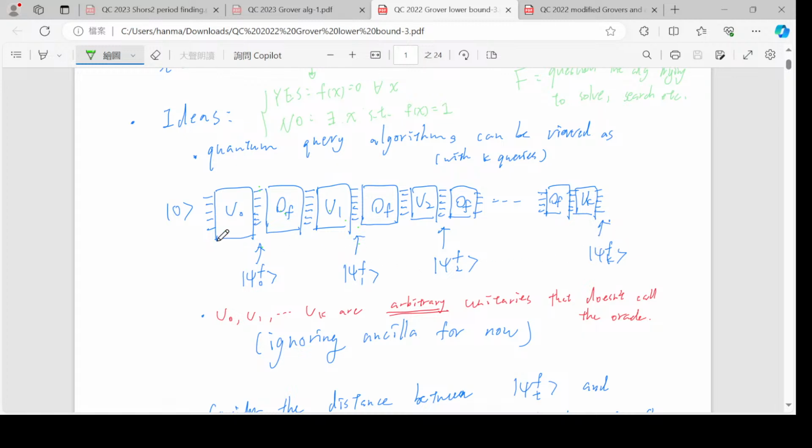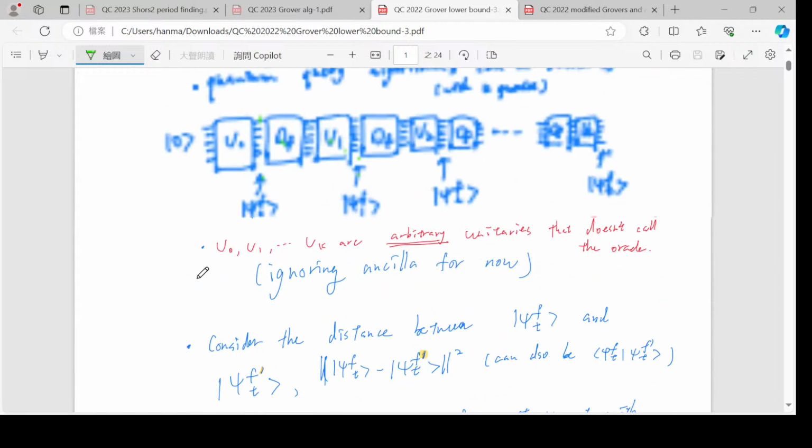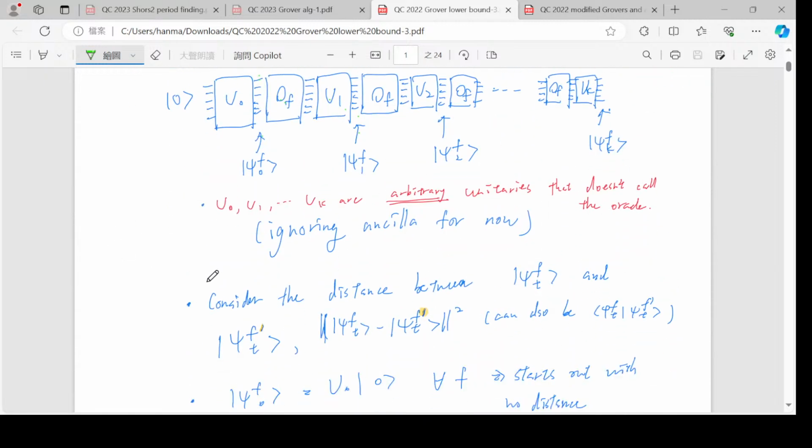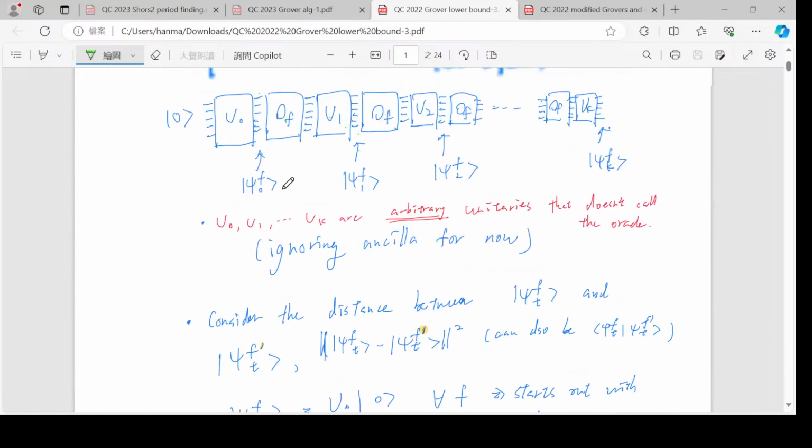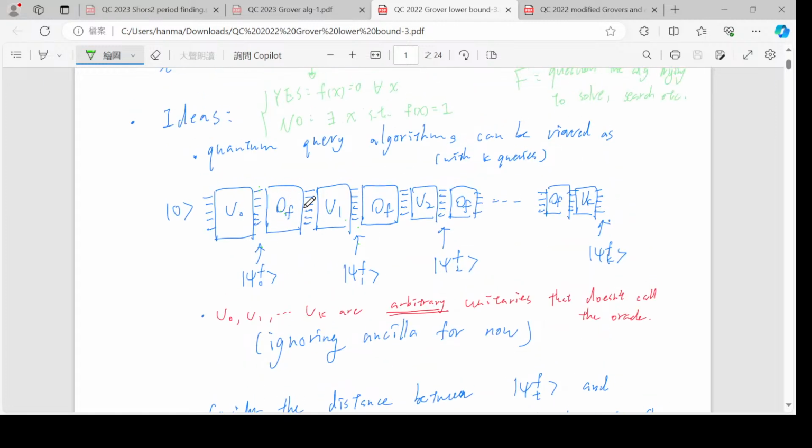We lower bound this by defining a progress function. We think about how the state evolves through this algorithm, and how using different small f will change this evolution.